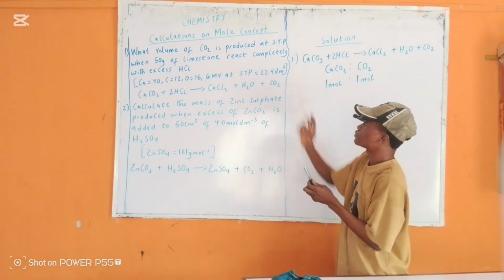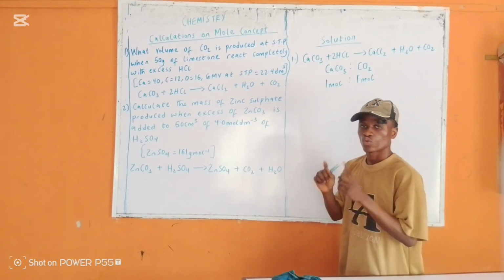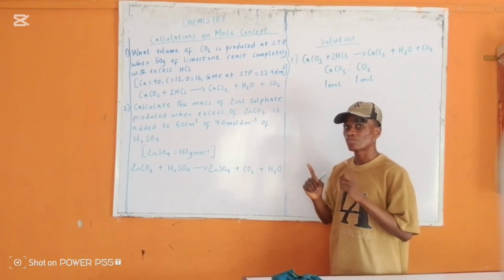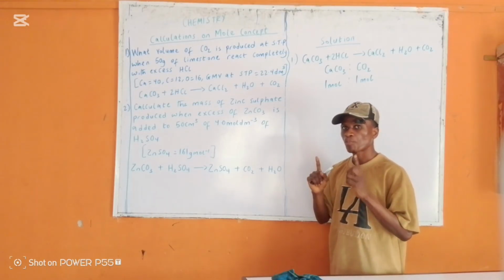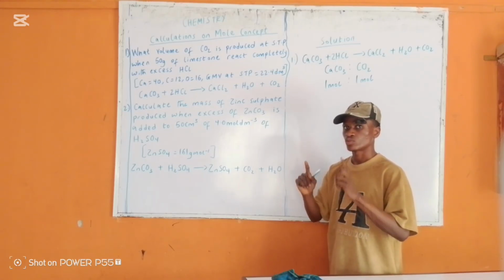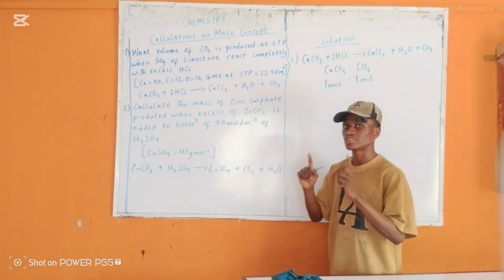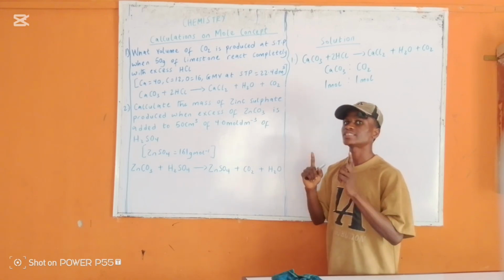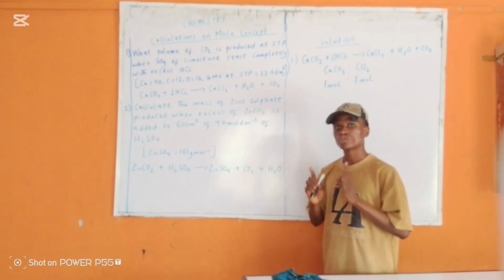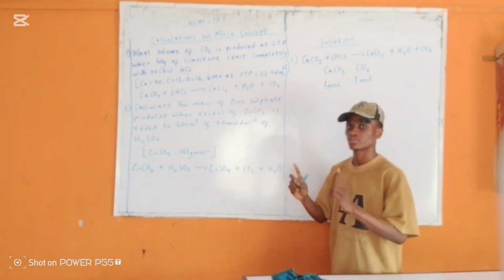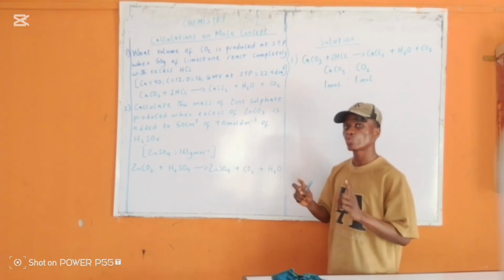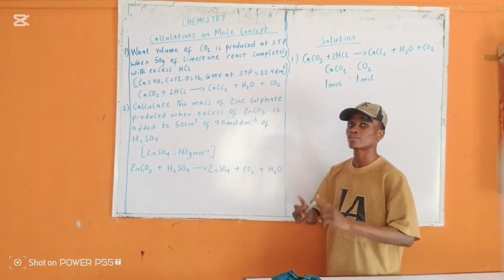At STP, take note, 1 mole of any gas will occupy a volume of 22.4 dm cube at STP. Any gas at all. And 1 mole of any gas will occupy a volume of 24.0 dm cube at RTP.